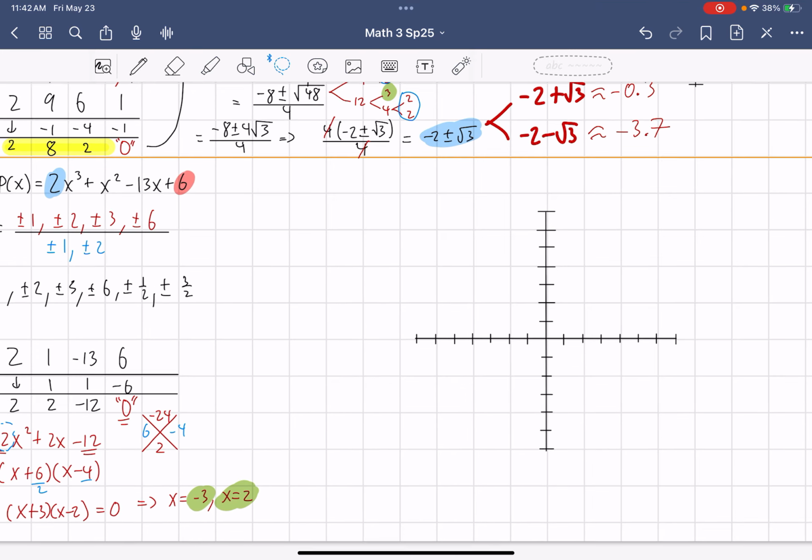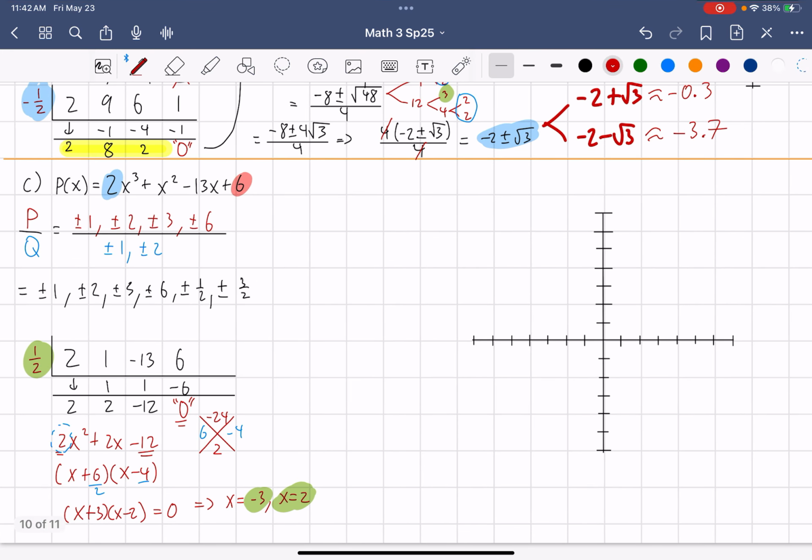So our zeros are a half, positive 1/2, which is here. We have a 0 at positive 2. We have a 0 at negative 3. The degree is odd. The leading coefficient is positive, so I know it goes up on the right, down on the left, and they all have an odd multiplicity, so it's going to go through here, through the next one, and through the last one, which matches up with the end behavior.